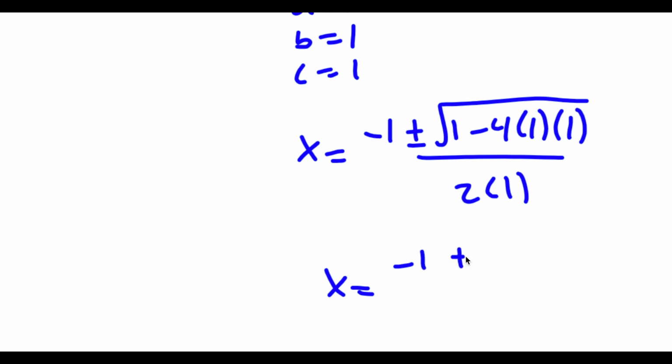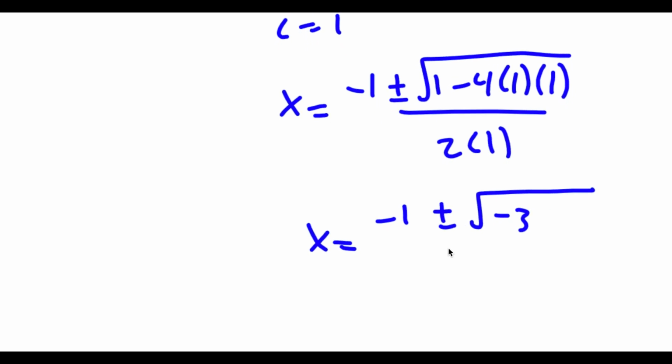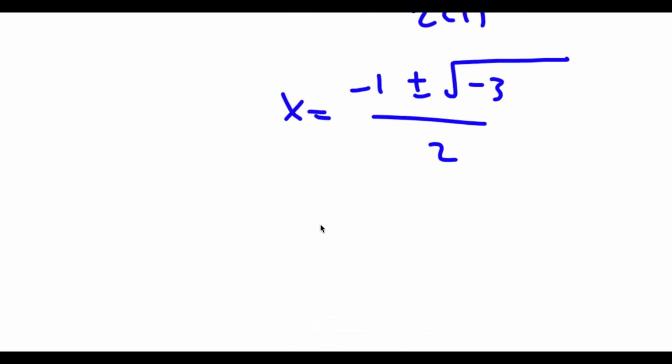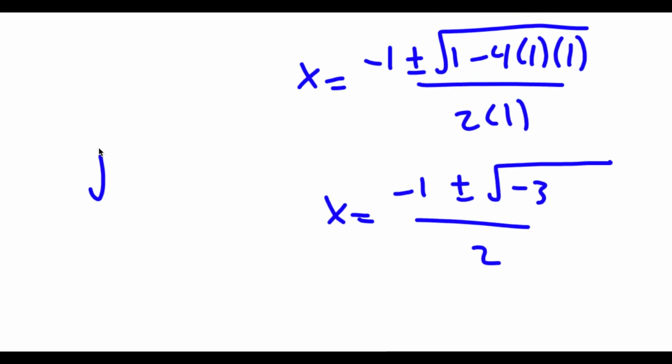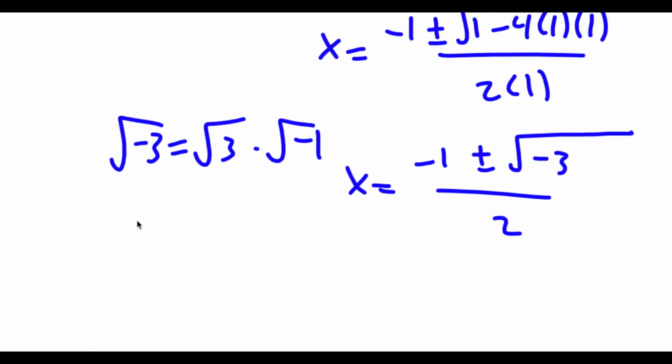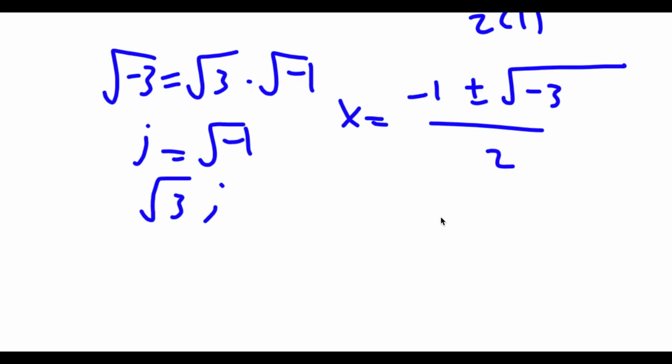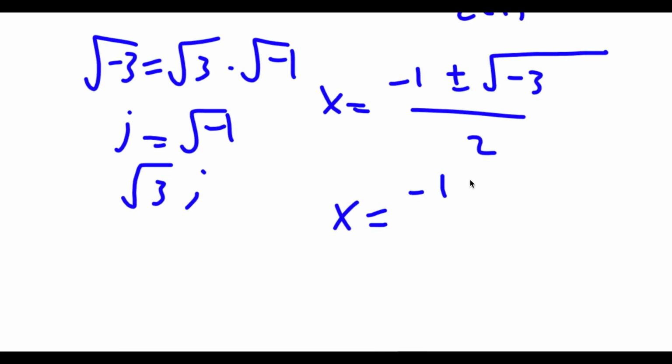This is equal to negative 1 plus or minus the square root of negative 3 over 2. And the square root of negative 3 is the same thing as the square root of 3 times the square root of negative 1. And if you didn't already know, the imaginary number i is equal to the square root of negative 1. So I get the square root of 3 times i. So this is equal to negative 1 plus or minus the square root of 3 i over 2.